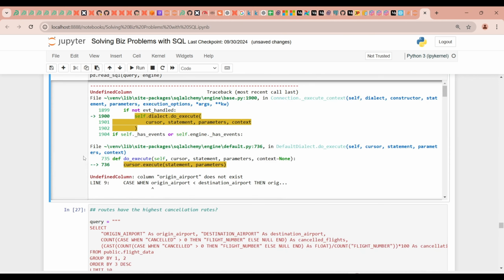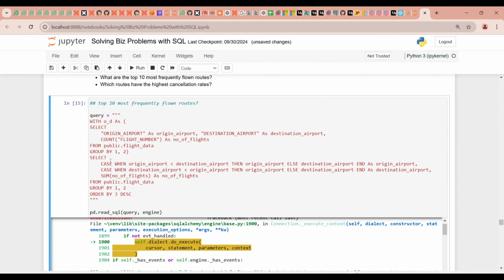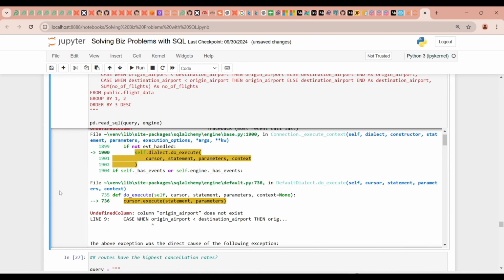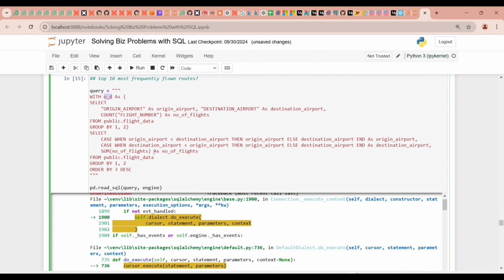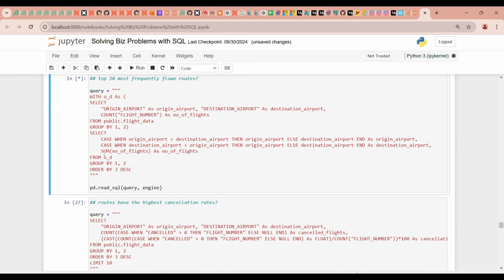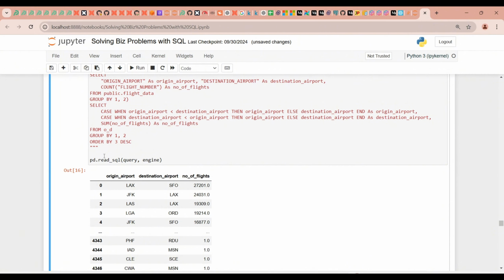Oh okay, what's the problem? Origin airport does not exist. Let me see. Origin airport, case one origin airport. Okay, from OD. Let's do that again. And voila, we have it sorted.